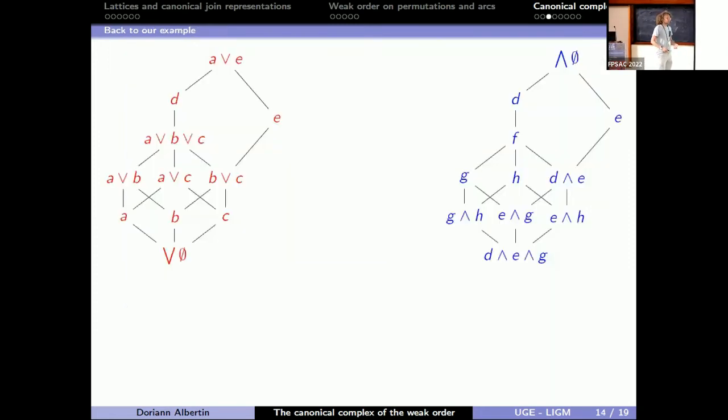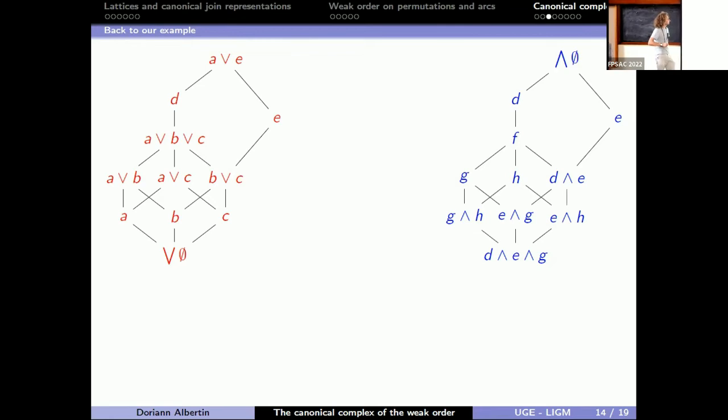Okay, again, our example. Now I have two copies of my lattice because I want one to be labeled with the canonical join representation of elements, and the other one with canonical meet representations of my elements. And now I want to build intervals in this. One way to do this is, okay, I can take top intervals.